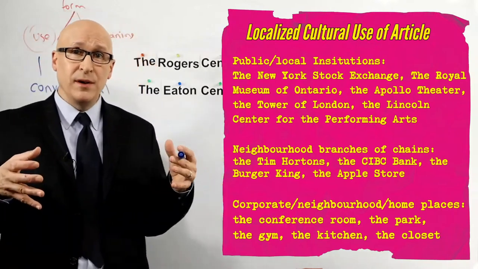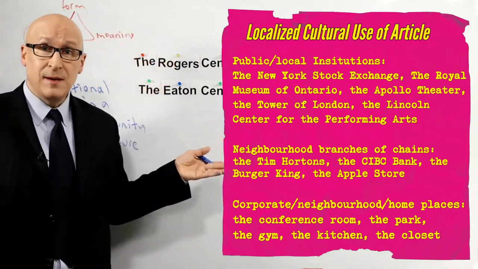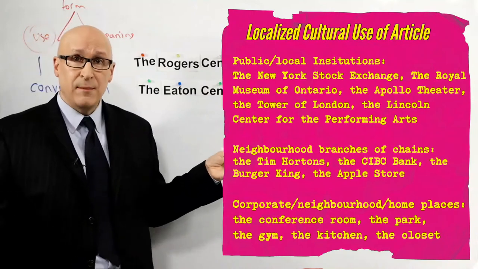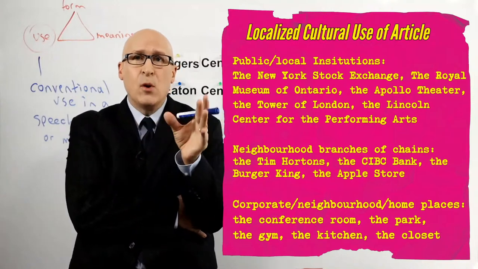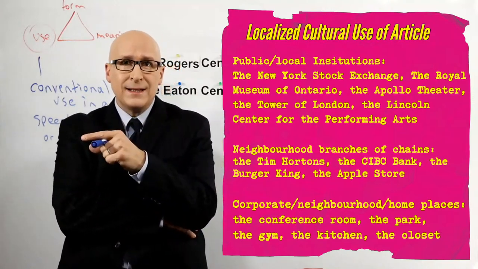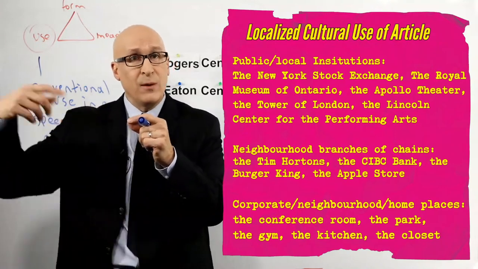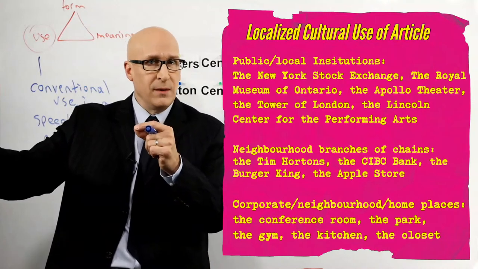If you live in a neighborhood and you have a Tim Hortons or a CIBC Bank or the Burger King or an Apple Store, the Apple Store, and you tell your wife, if I tell my wife, for example, I'm going to the bank, well, there's hundreds of banks in my city, but there's only one bank that we usually use in our neighborhood. So she knows which one I'm talking about.